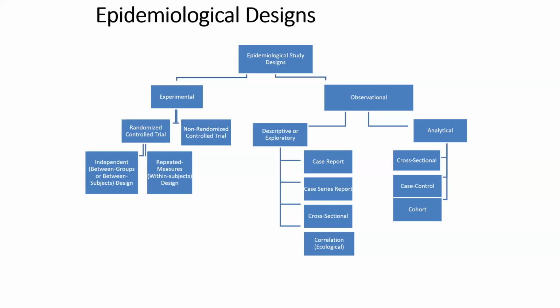So what is an epidemiological design? For you to be able to identify distribution and determinants of health-related states or events, you must carry out some form of study. Somebody was asking me the difference between survey and surveillance. You must carry out some form of study. You must ask those questions: who, what, when, where, how, and why.